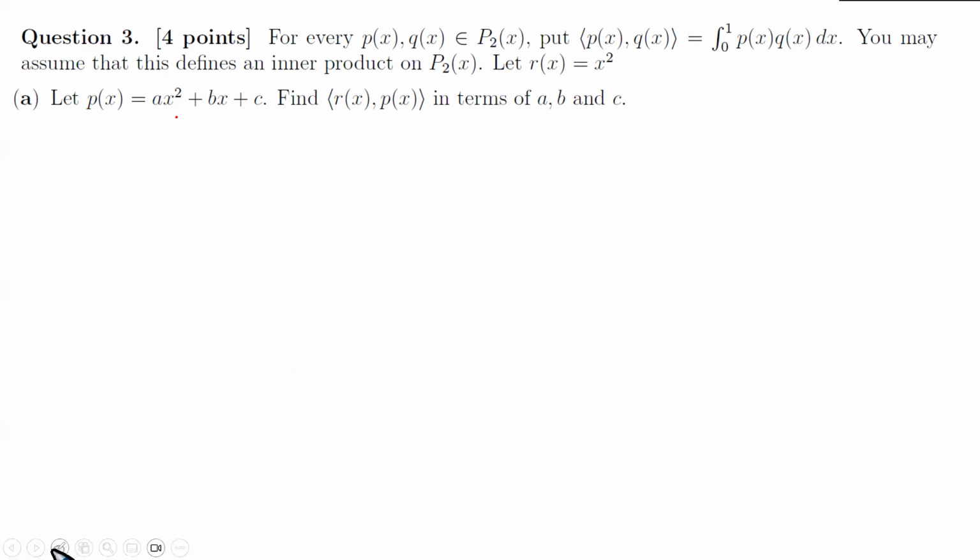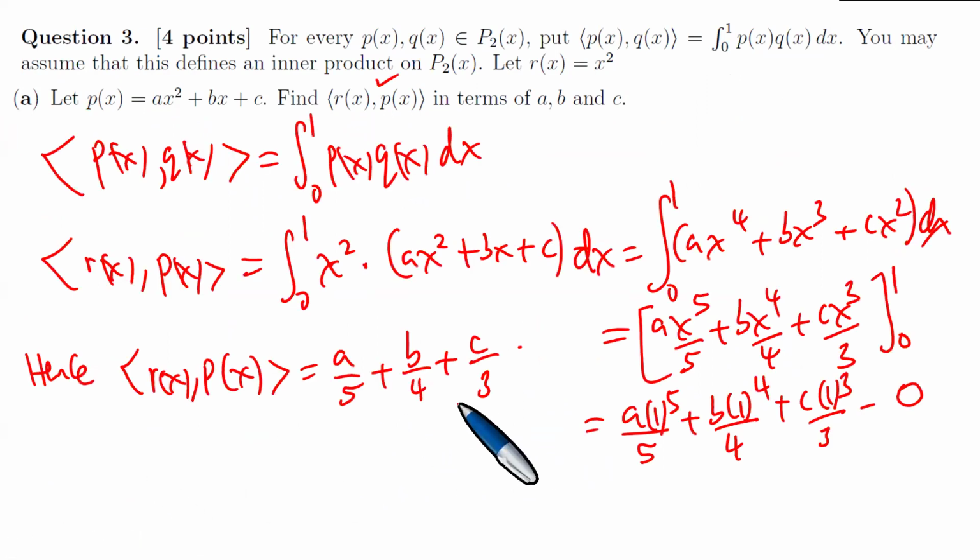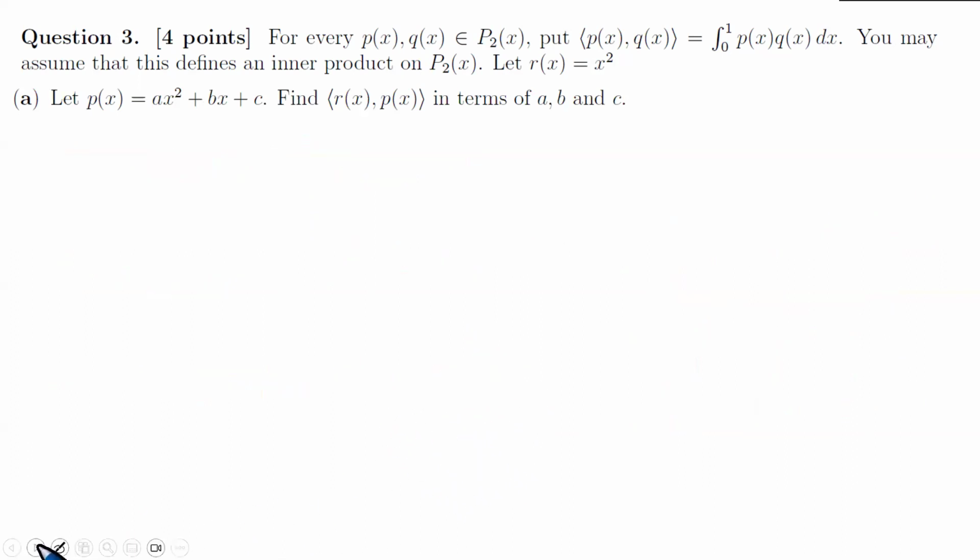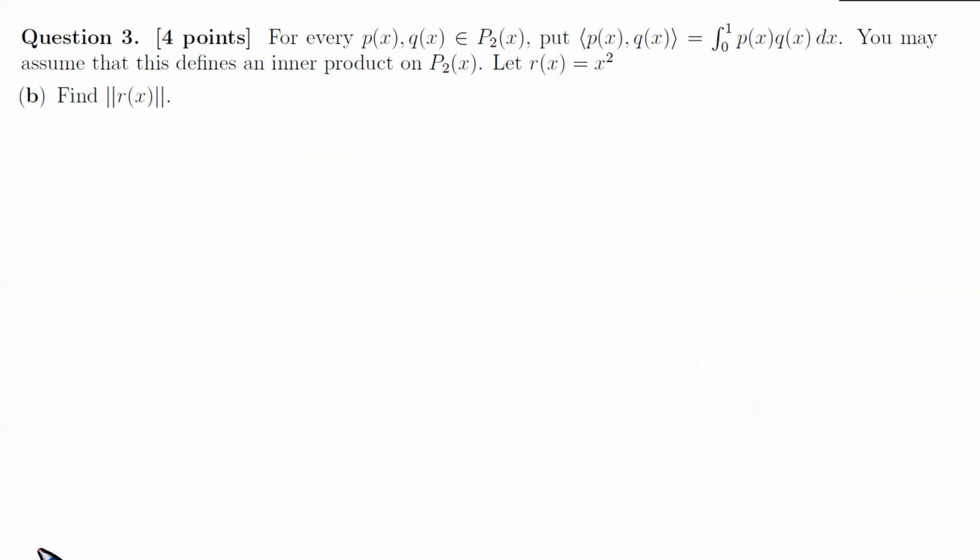What answer did we get here? We got this answer, and therefore the equation became the same equation: a over 5, b over 4, c over 3. So that's what we're going to put here.